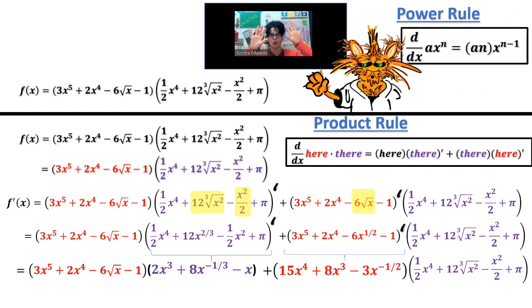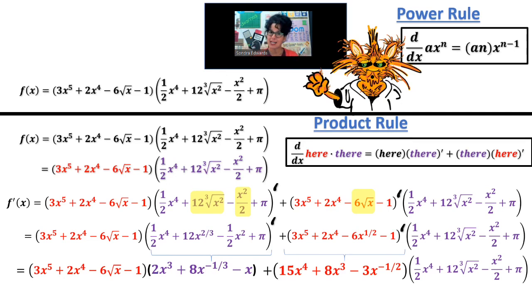But hopefully you have the power rule down now. When you see two things multiplied together, do not make the common mistake of taking the derivative of this one, the derivative of this one, and then just multiplying. You cannot do that. You're going to take the first one times the derivative of the second one, plus the second one times the derivative of the first one, and then you have taken the derivative.